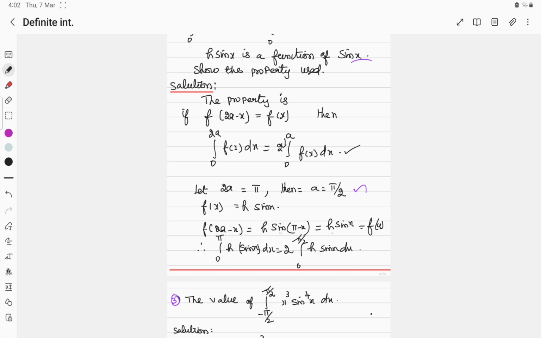Therefore, since in the second quadrant sin has positive value, h sin pi minus x becomes h sin x, that is f of x. Therefore, 0 to pi h sin x dx is equal to 2 into 0 to pi by 2 h sin x dx.